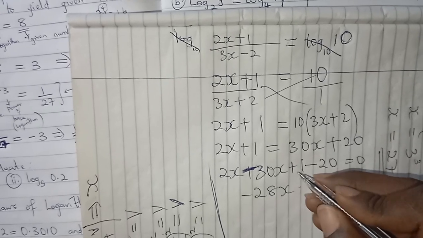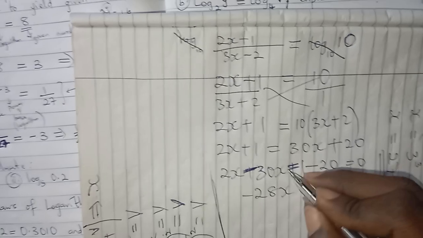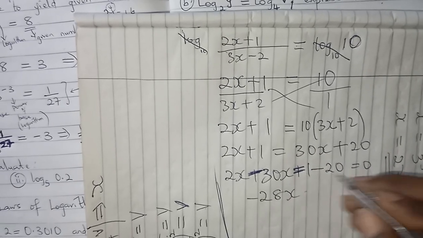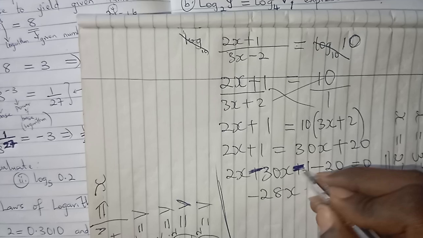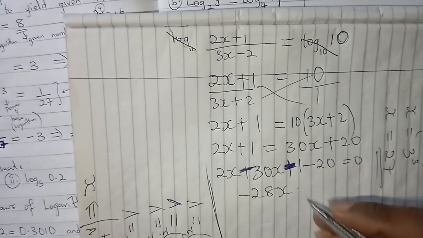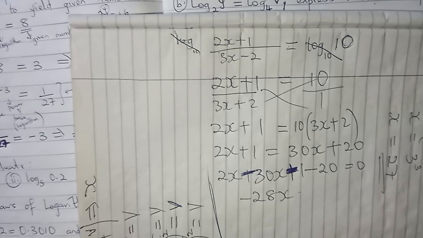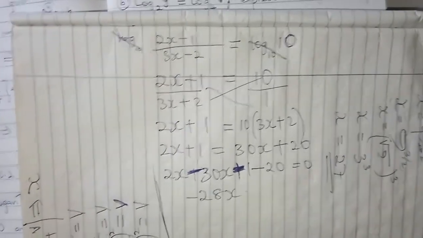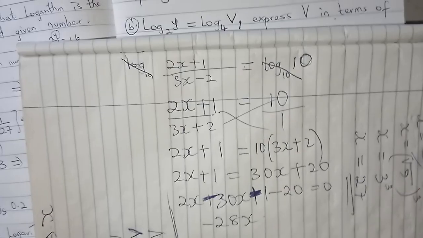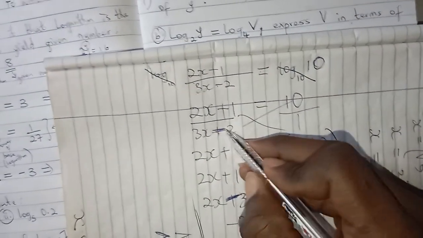Let's just leave it the way it is. So notice that this is plus. Okay, yes. So see, we have minus here. We now changed it to plus. It's wrong.